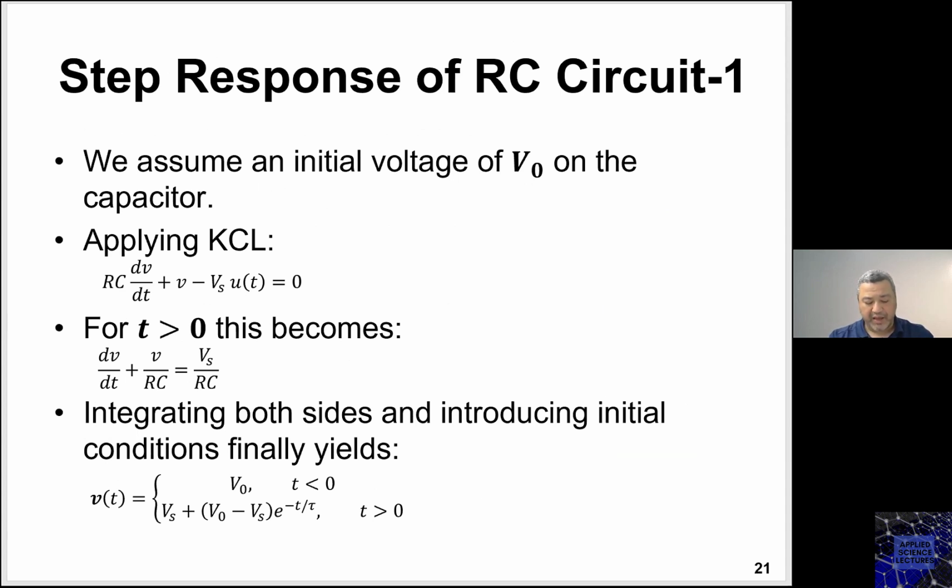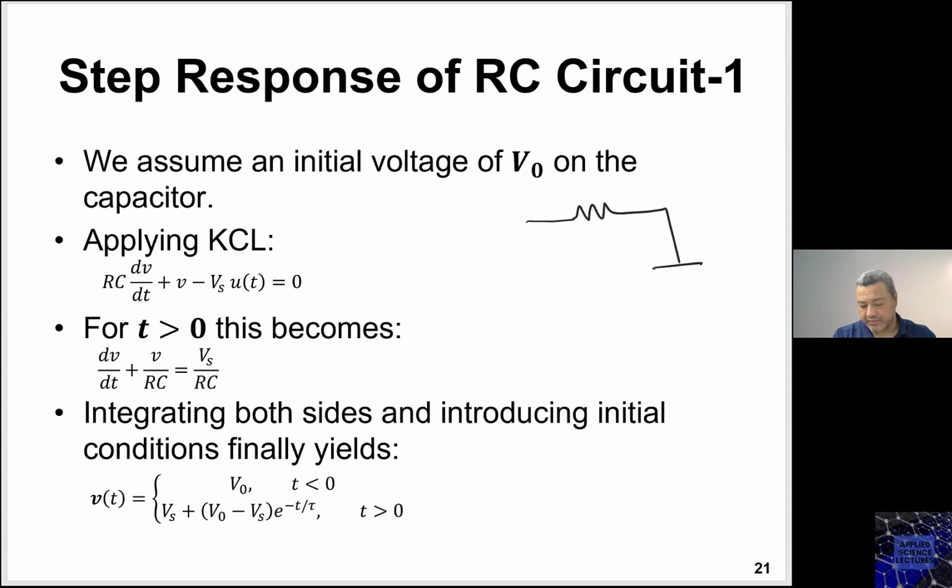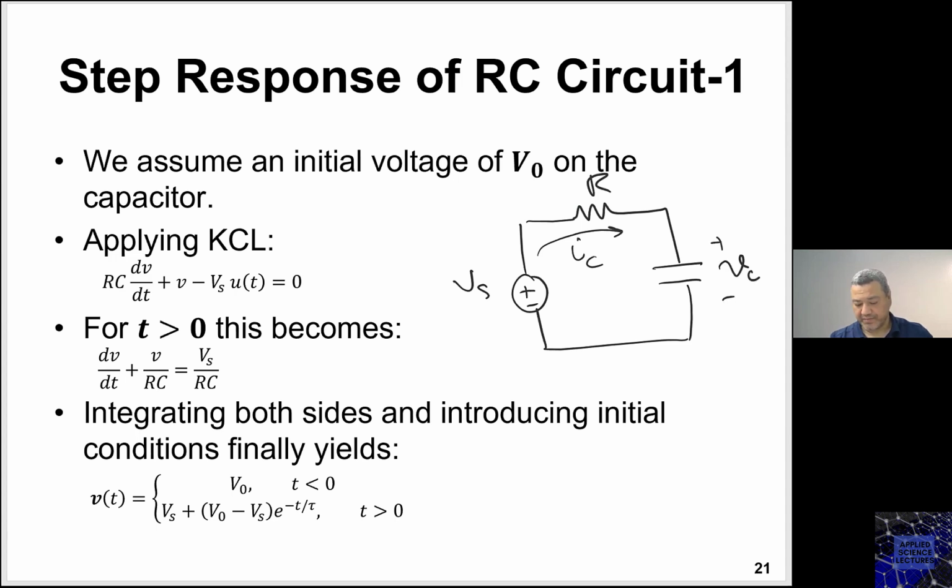Again, apply KVL. Let me redraw here. This is Vs, this is the current IC, this is R, this is VC.